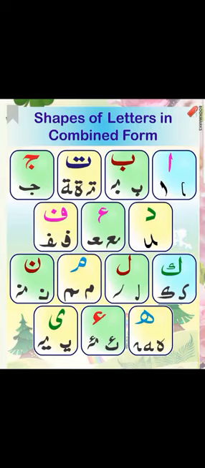Below is written the joint form of dal, so dal can be in this form when joined with other Arabic alphabets. And next is ain. Below are written two shapes of ain, and ain can be in either of these shapes when joined with other Arabic alphabets in a word.